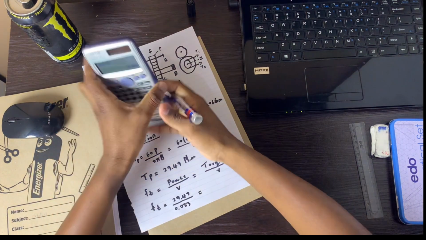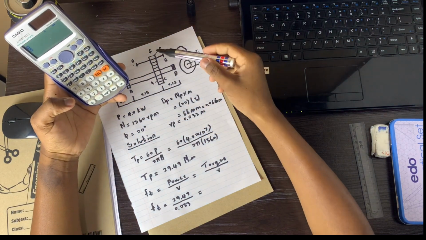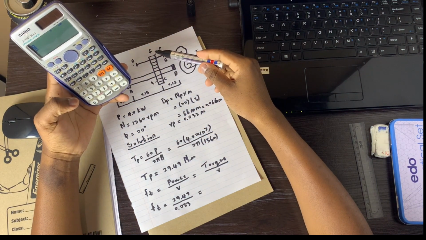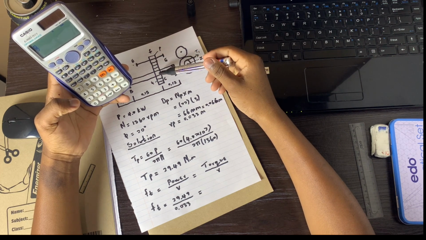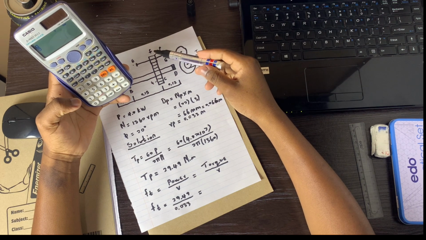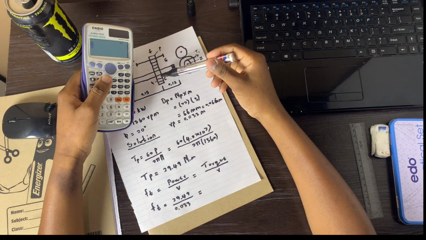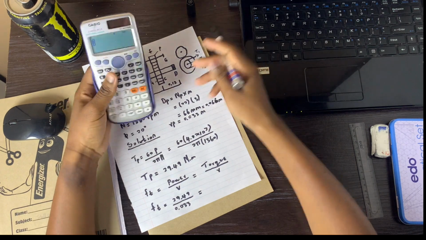And then let's find the tangential load. One thing you have to know: the tangential load on the pinion is the same as the tangential load on the gear, and the radial load on the pinion is the same as the radial load on the gear, because it's the same gear set.